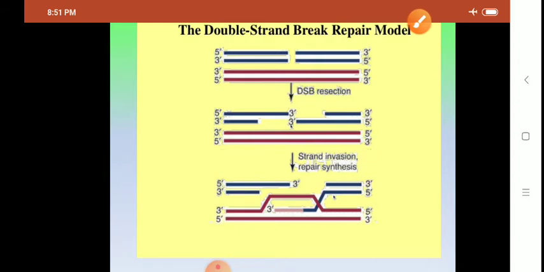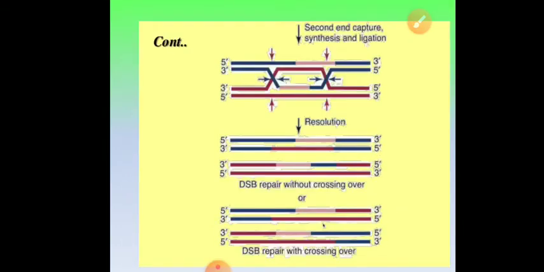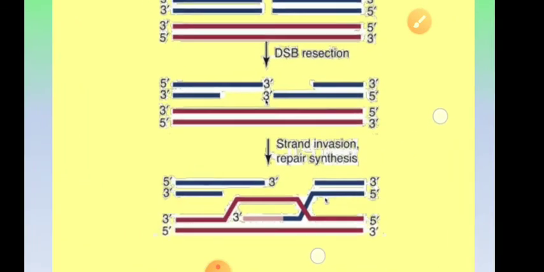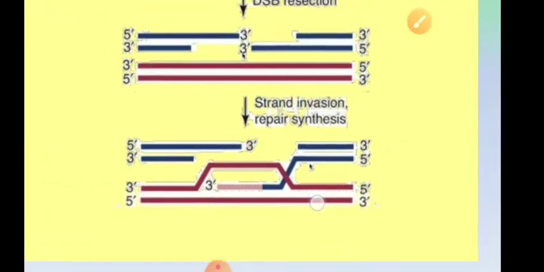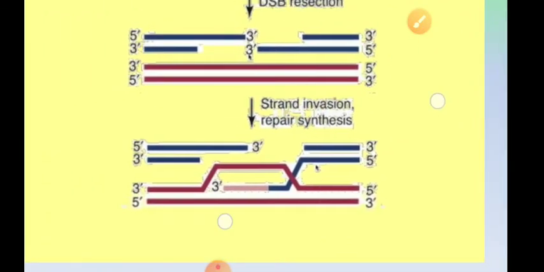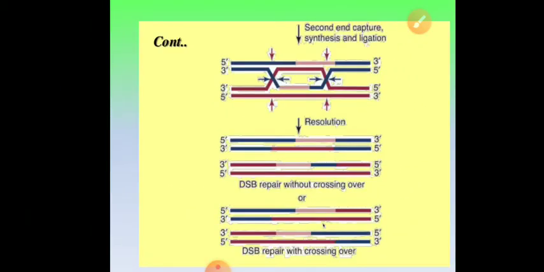Okay, so you can see in the first there is a nick in two strands. In the second one, some of the DNA is lost, and then strand invasion takes place. There is strand invasion and repair synthesis starts. Okay, the strand invades towards the other and repair synthesis starts. Second end capture, synthesis and ligation takes place.